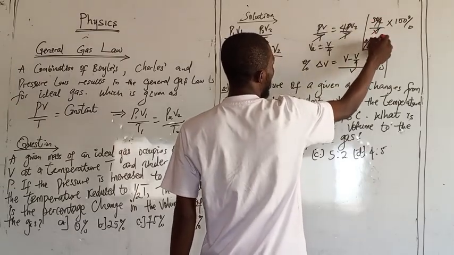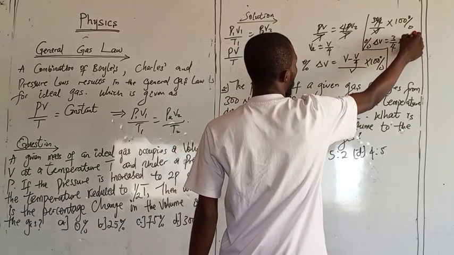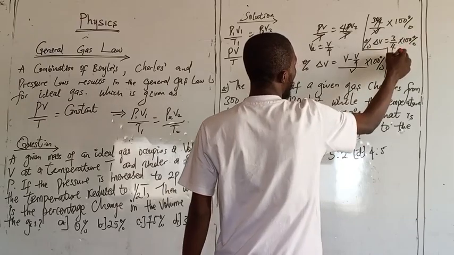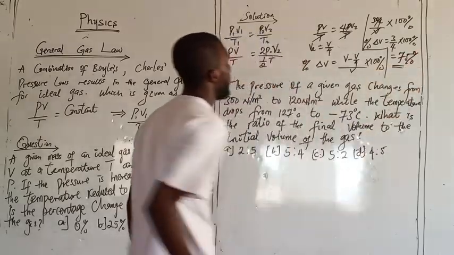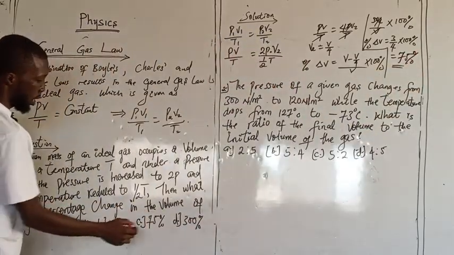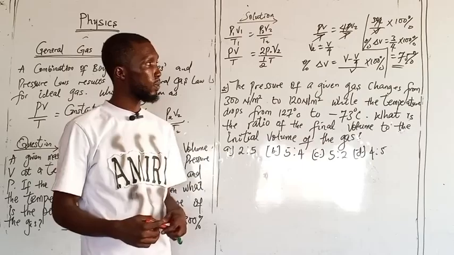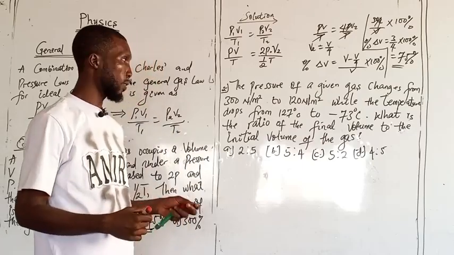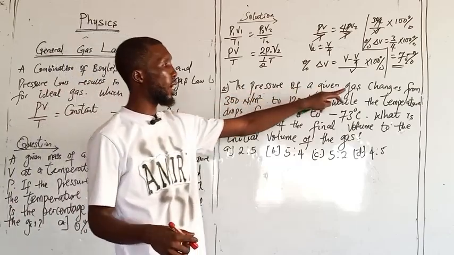V cancels V, we have 3 over 4, so the percentage change in volume is 3 over 4 times 100%, which simply means 75%. Sorry for the tight work. So this corresponds with the answer here, option C. So that is that for that aspect.